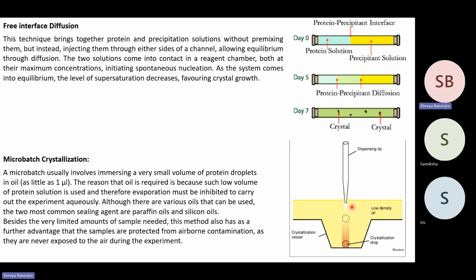So you are pouring it in the oil as a drop, and this is done in order to get very small crystal samples.